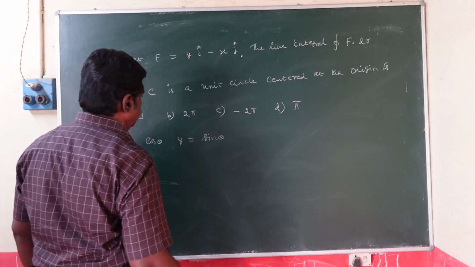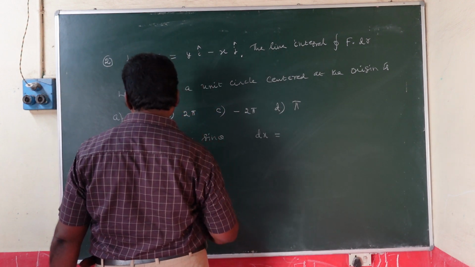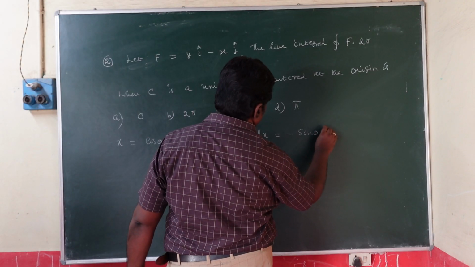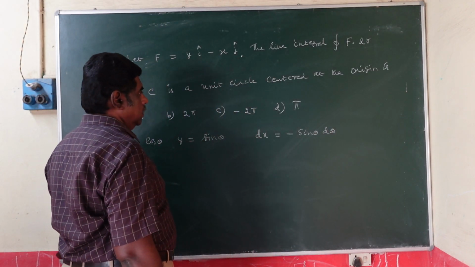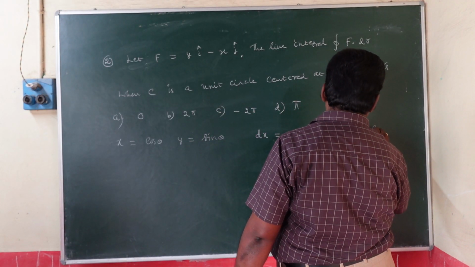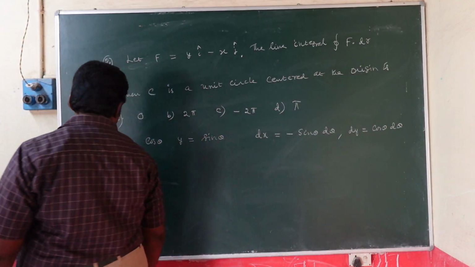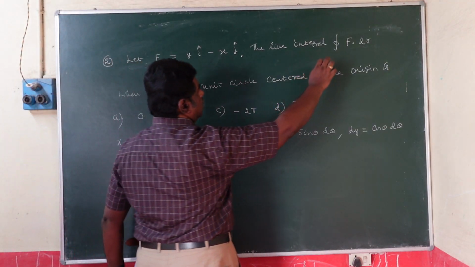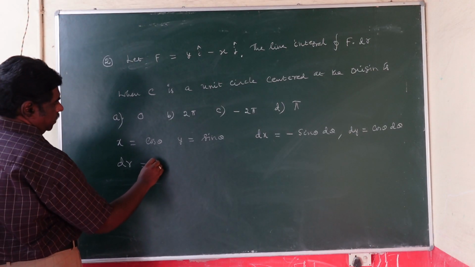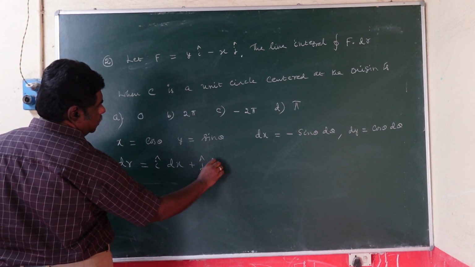Now we have to find out the value of dx and dy. Dx equal to, if you differentiate cos theta, we can get minus sin theta into d theta. The same way, dy equal to cos theta d theta. Now we have to write down the value of dr. Dr equal to i into dx plus j into dy.